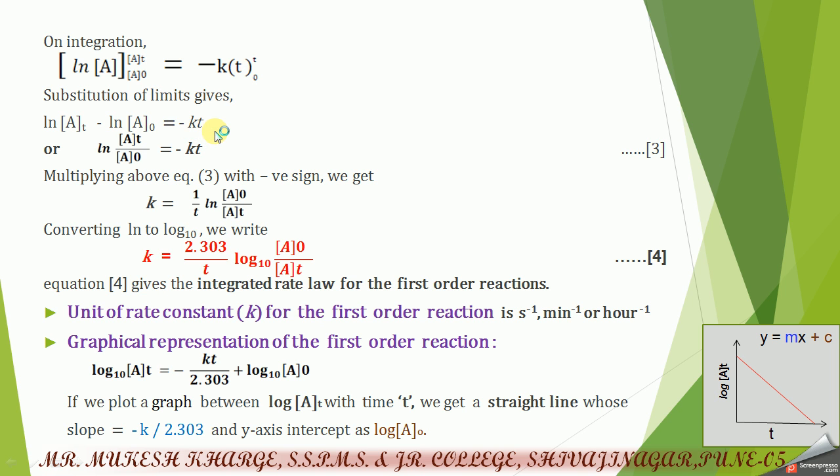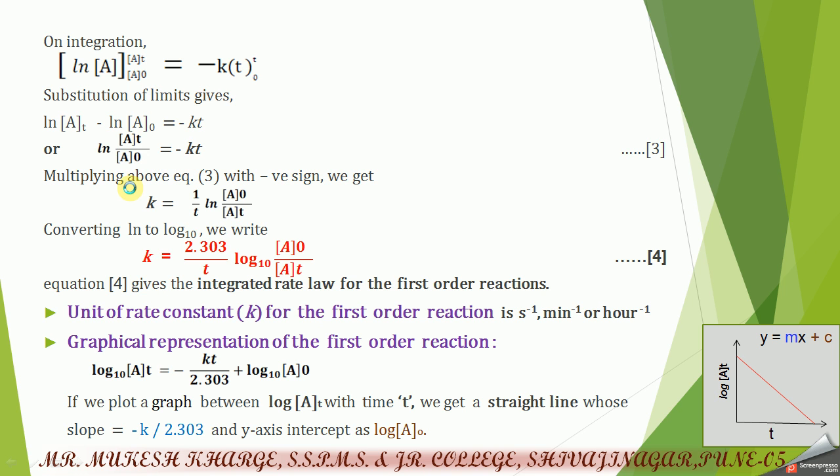Now if we rearrange this, what do we get? All of you know the rule of logarithm: log a upon b is equal to log a minus log b. So the same rule we have to apply here. ln At minus ln A0 is nothing but ln At divided by A0. The right hand side is the same. This is equation number 3.